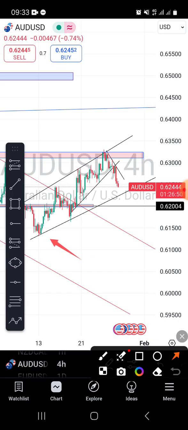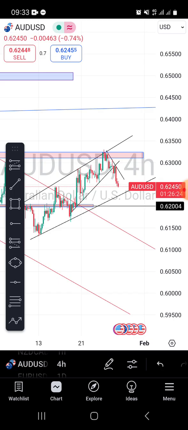So this is the first touch on the uptrend, the second touch, and the third touch, which can be our possible entry. Market is heading to that uptrend line again for a third touch, which if we see a rejection candle here, we can possibly take our buy trade here. That is for AUD USD.